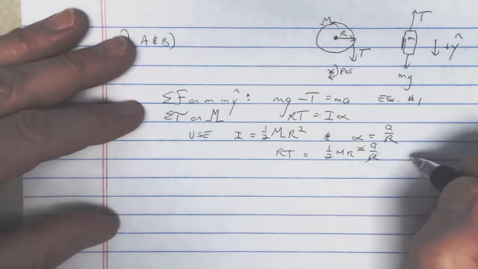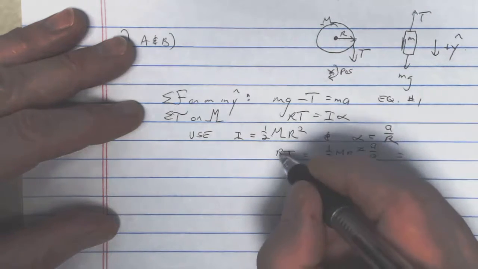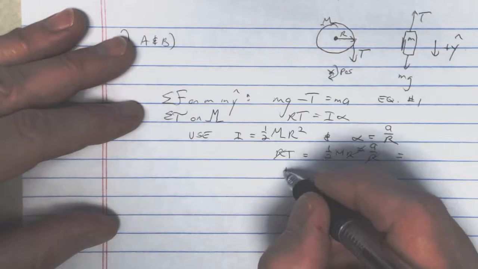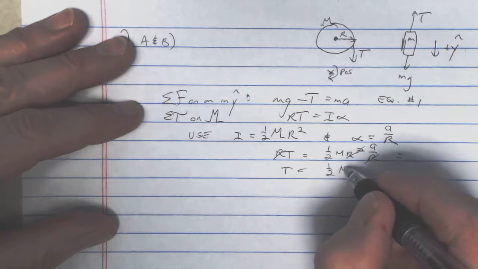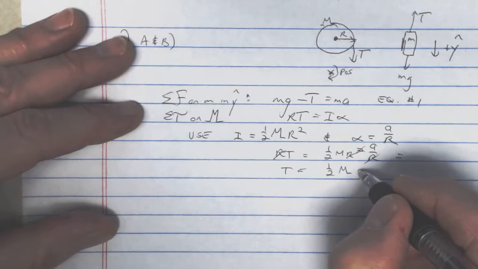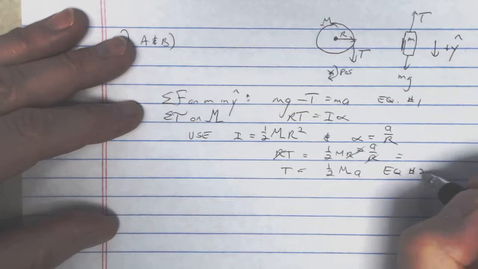That r squared cancels with that, and this r cancels that r, so I just have T equals 1/2 M a. That's my capital M times a. I'll call that equation number 2.